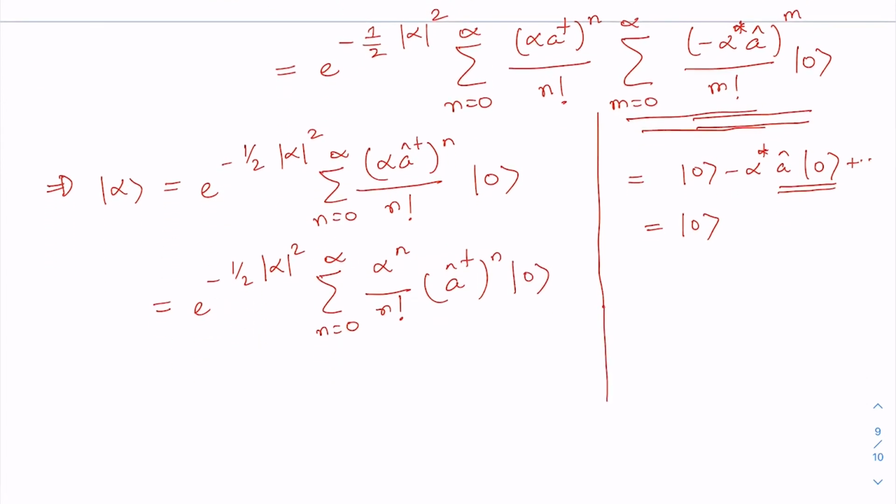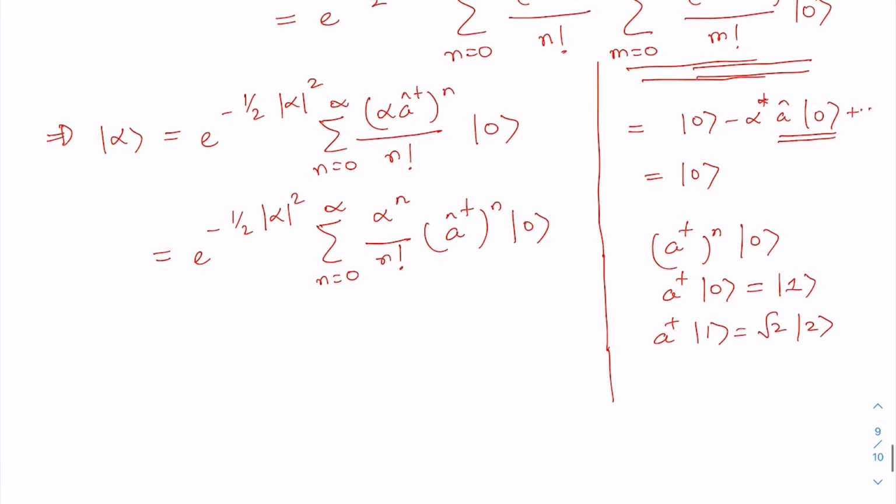Now again, you know that a dagger on ket 0 is equal to simply 1 ket 1, and a dagger applied on ket 1 is going to give you root 2 ket 2.